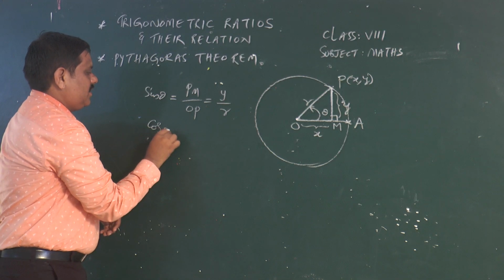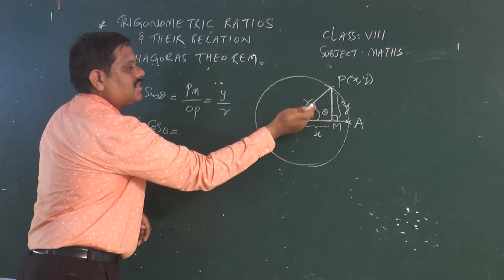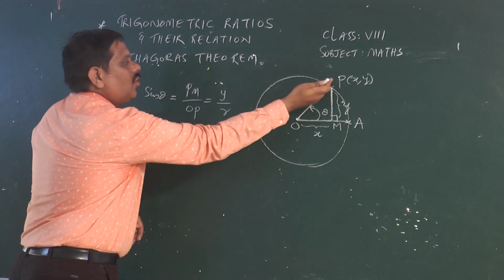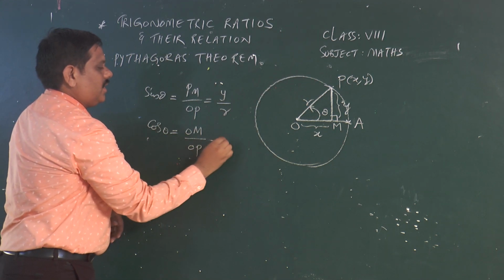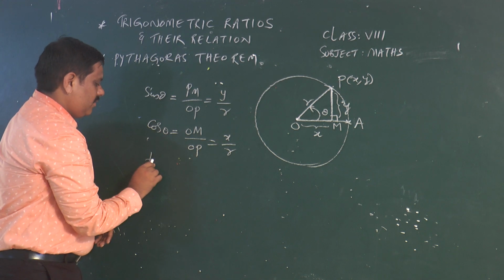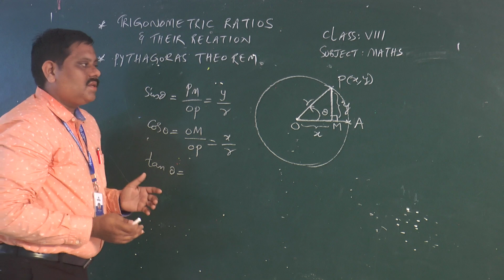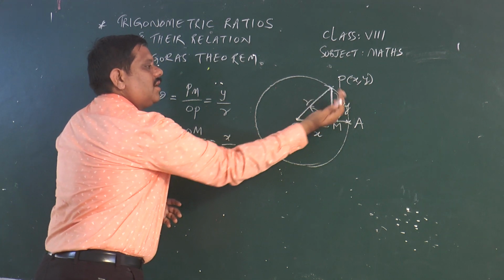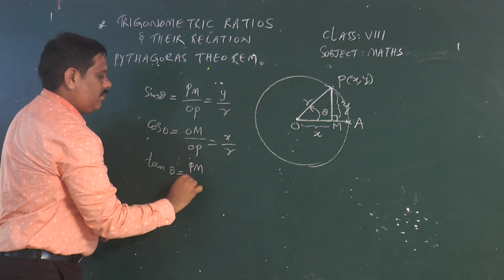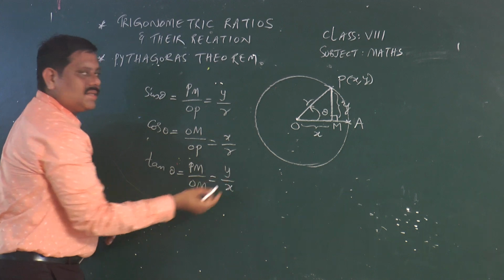Then cos theta is defined as the adjacent side for this theta, that is OM upon OP, that is otherwise x by r. Next we have tan theta. Tan theta is defined as the opposite side to theta by the adjacent side to theta, that is PM upon OM, that is equal to y upon x.